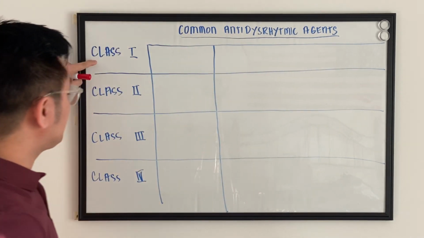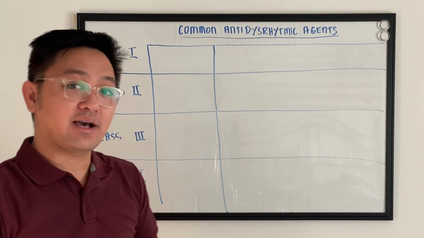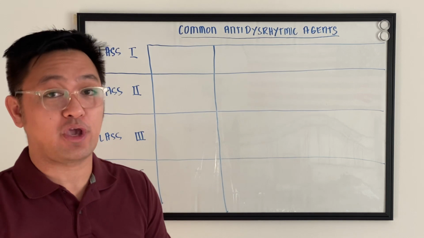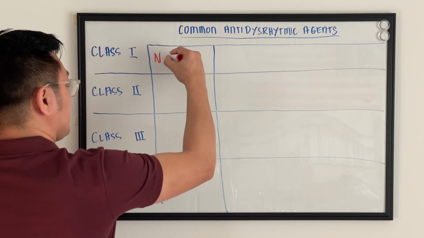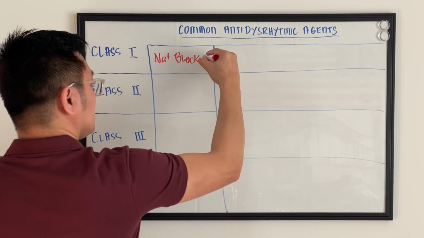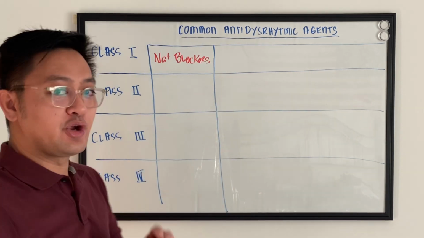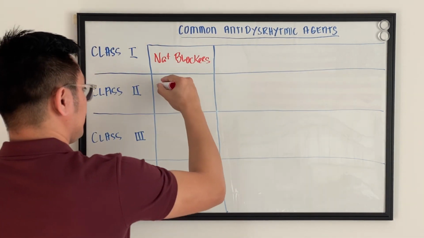Class 1, class 2, class 3, and class 4. Your class 1 antidysrhythmic drugs, we call these your sodium channel blockers. Your class 2 antidysrhythmic agents, we call these your beta blockers.